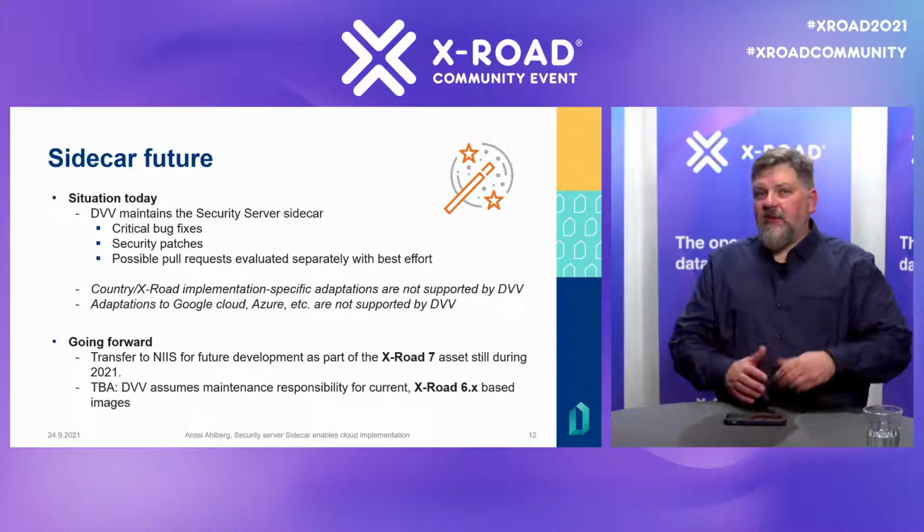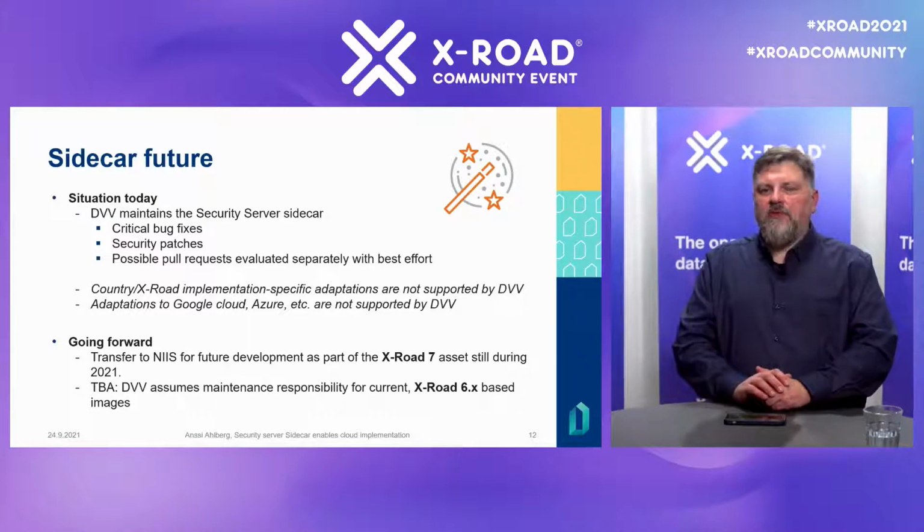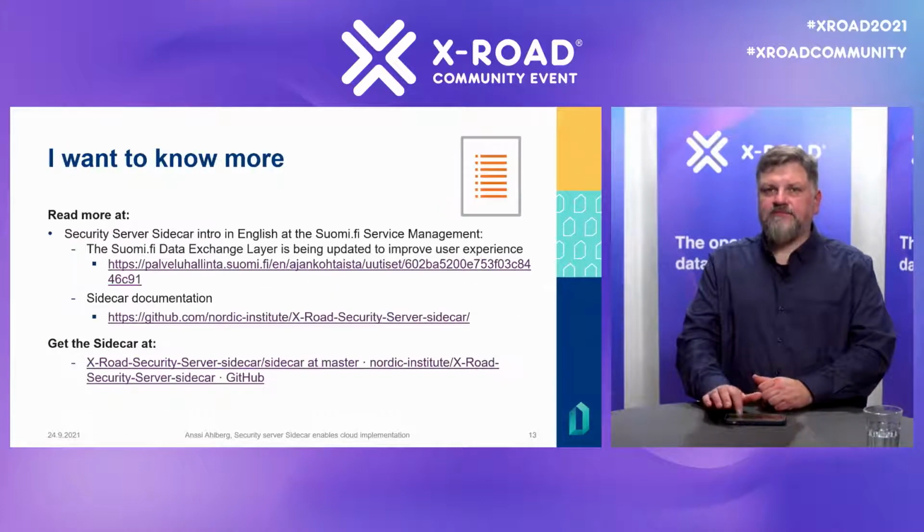At the same time, what's still being discussed and what is still slightly open, but I see this as a very likely future outcome, is that the Finnish Digital Agency will be responsible for the long-term maintenance for the current X-Road 6.x based images. But as I said, this is slightly in the air at the moment, but the most likely way forward.